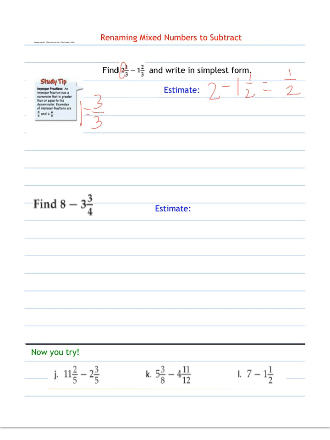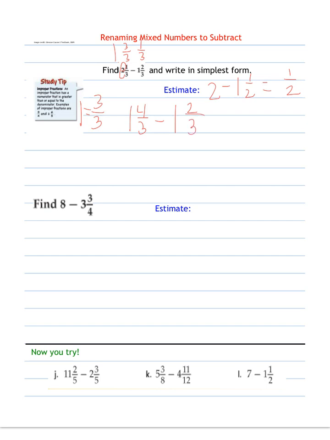Okay, so I just took one of the whole numbers, so technically now I would have 1, a 3/3, and a 1/3. Okay, I just turned that number into that. So now 3/3 and 1/3 is 4/3, so we would have 1 4/3 minus 1 2/3.